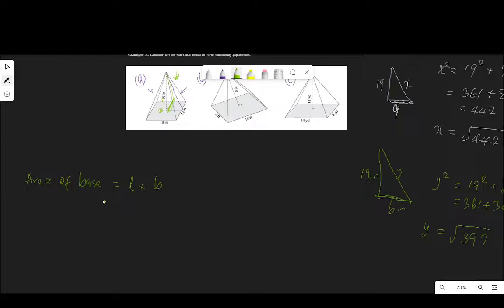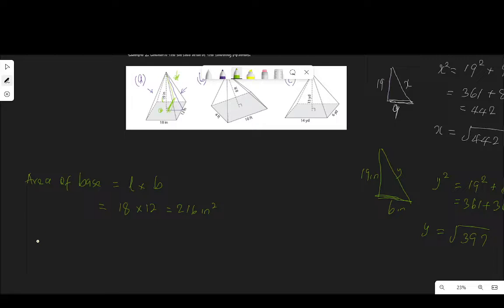The length there is 18 inches and the breadth is 12 inches. 18 times 12 is 216. 216 inches squared is the area of this rectangular base.